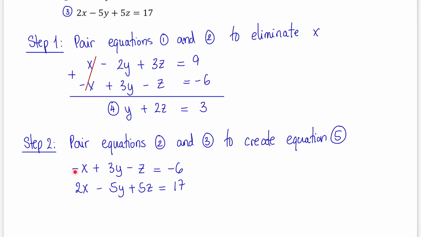My equation 2 is negative x plus 3y minus z equals negative 6, and my equation 3 is 2x minus 5y plus 5z equals 17. Remember, in step 1, I eliminated x. In step 2, I also have to eliminate x. This one is negative 1 and this is positive 2. I want to turn this into negative 2, so I'm going to multiply both sides by 2.